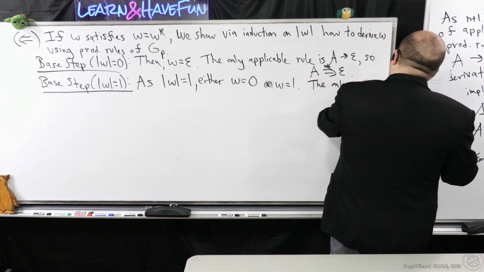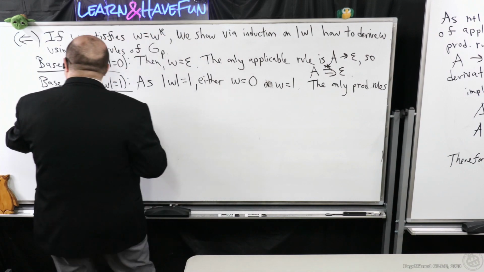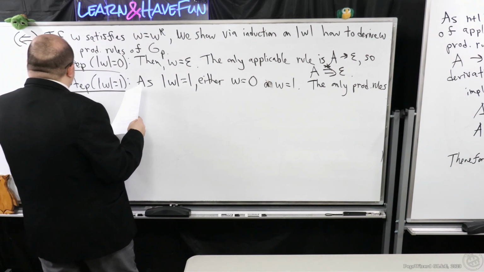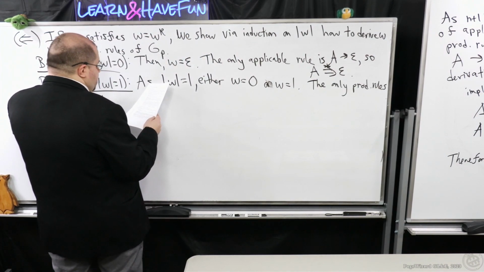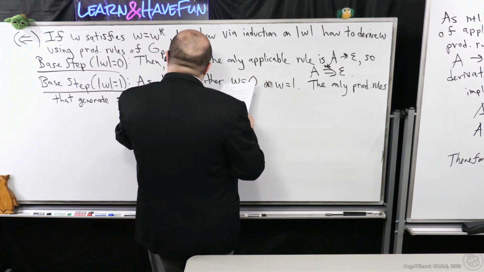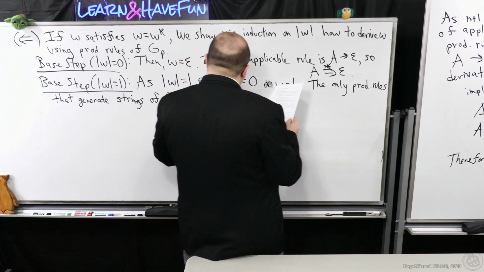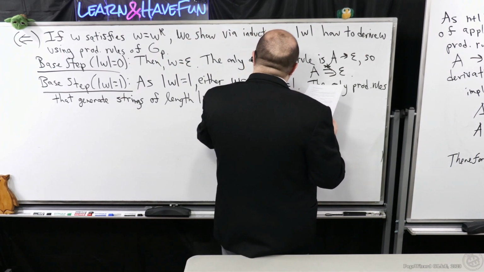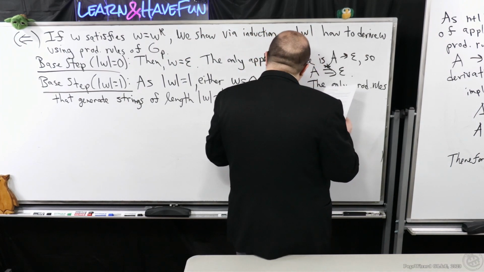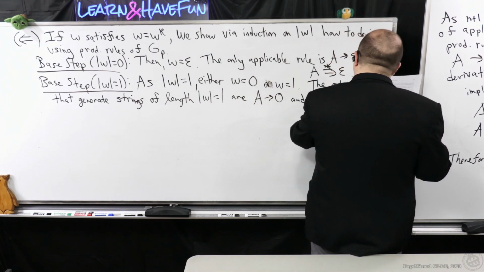The only production rules that generate strings of length 1 are A produces 0 and A produces 1.